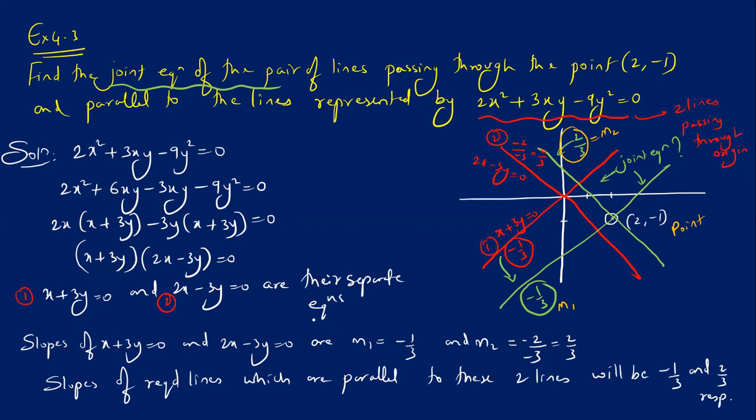Okay, why? Because when the lines are parallel, slopes are equal. So if the lines are parallel, slopes are equal, so the slopes of the required lines will be minus 1 by 3 and 2 by 3.